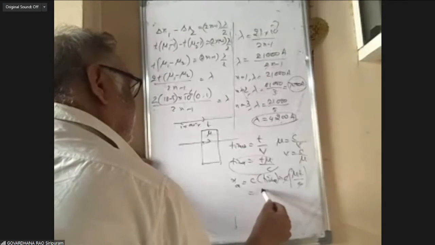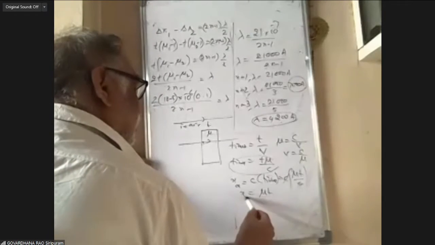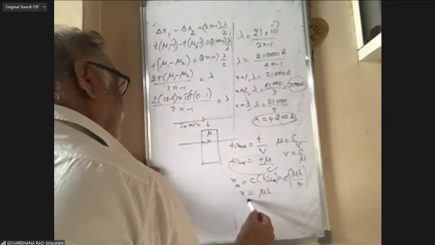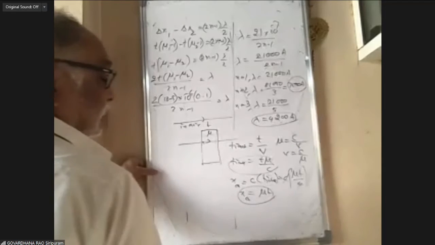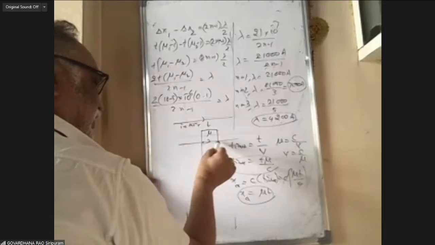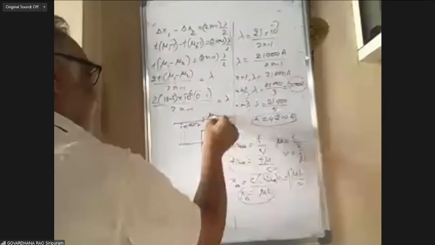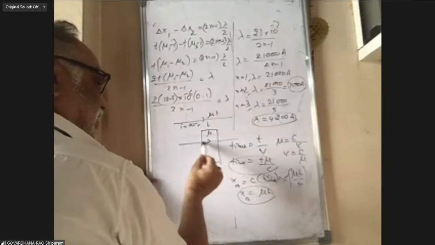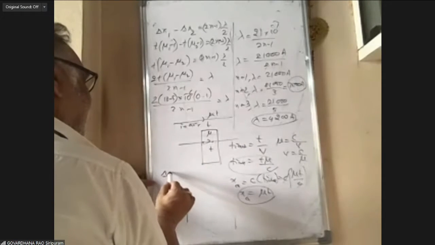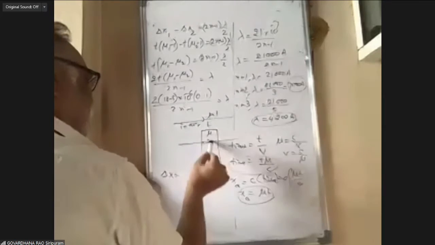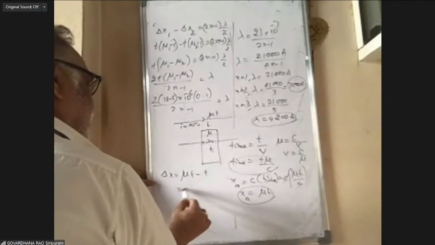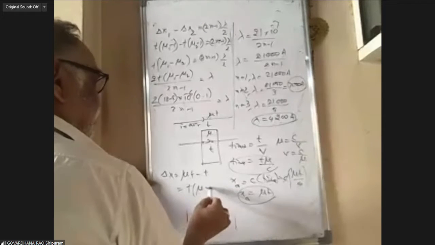This is called the optical path in air. So the distance traveled in air during this time is mu t. But the other ray, traveling through the mica sheet, travels only t. So what is the difference in distance between these two? mu t in air and t in the sheet: t into (mu minus 1).